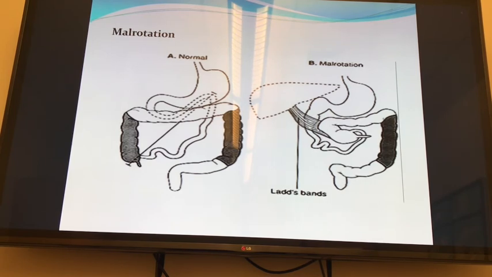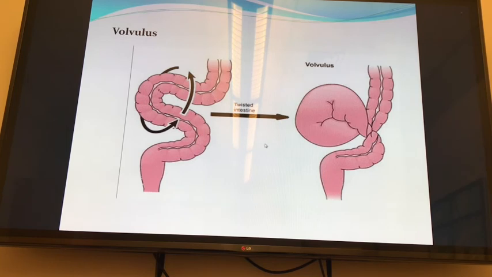And so this bowel here is more prone to twist on itself. It's just a congenital abnormality that may not ever cause a problem, but it might. Volvulus, twisting of the gut. Again, I don't know that you're going to see an x-ray that's going to tell you, but someone's got severe pain, acidosis, not getting better.